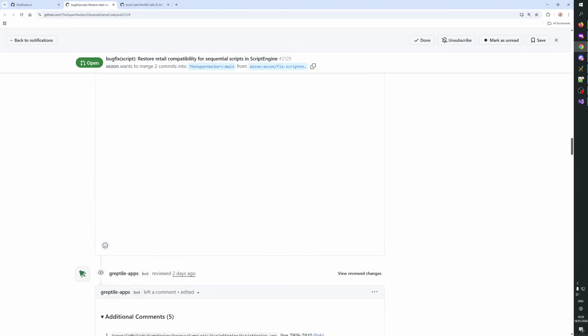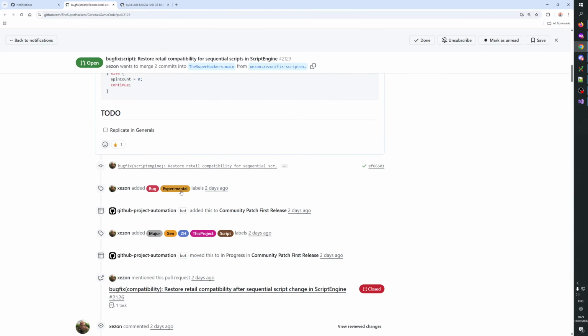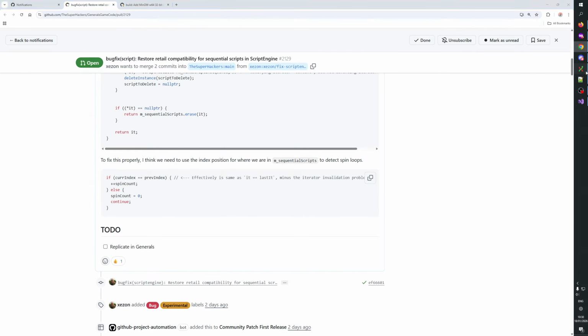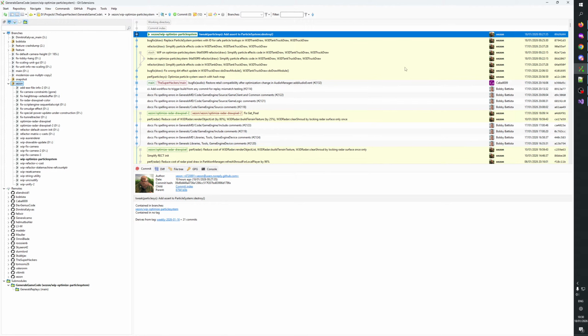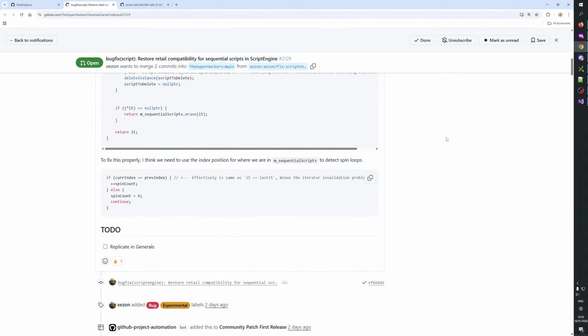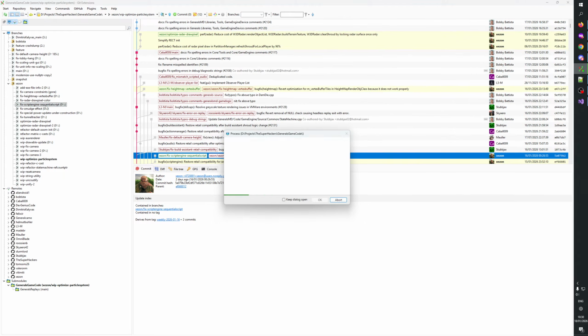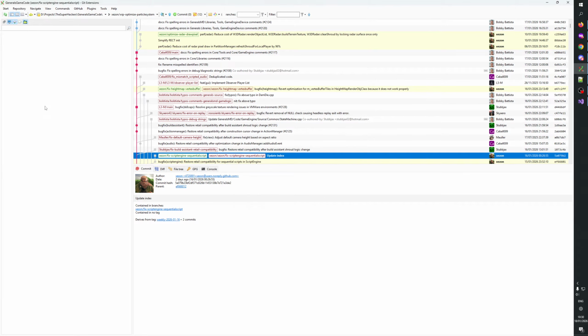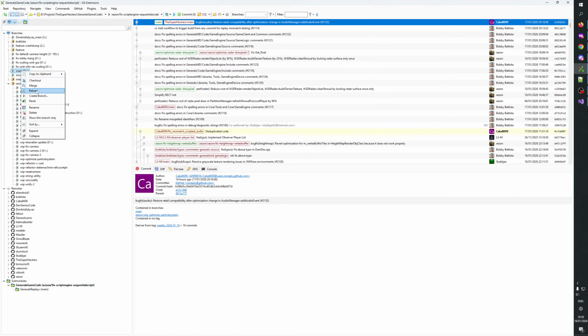Next, I would like to finalize this one here. We need to replicate it in generals. Fix script engine. So first we do a rebase.